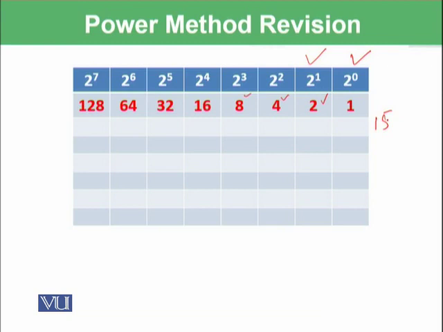To represent 15, you just put 1 on those slots which can make 15. You know that 8 plus 4 is 12, plus 2 is 14, plus 1 is 15, and put zeros in all of the other locations. This will give you 15.